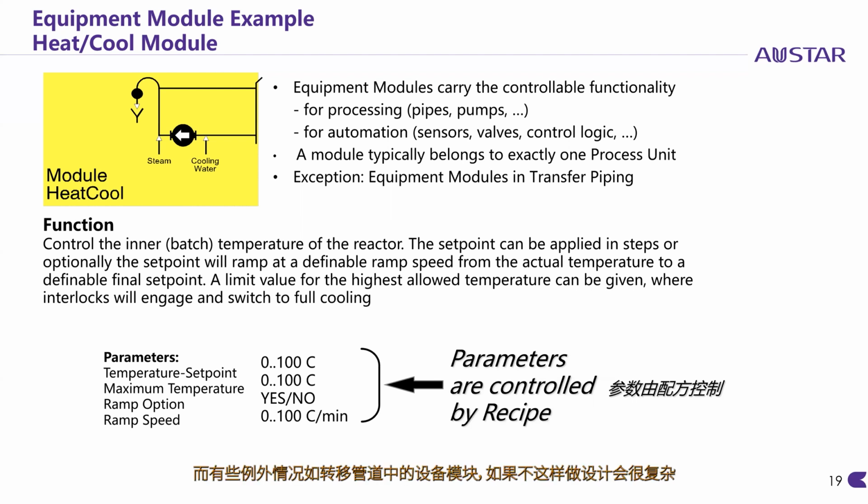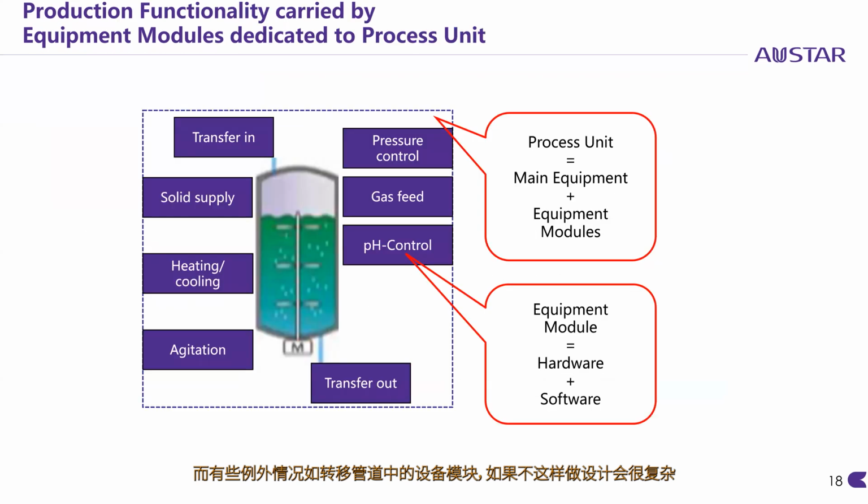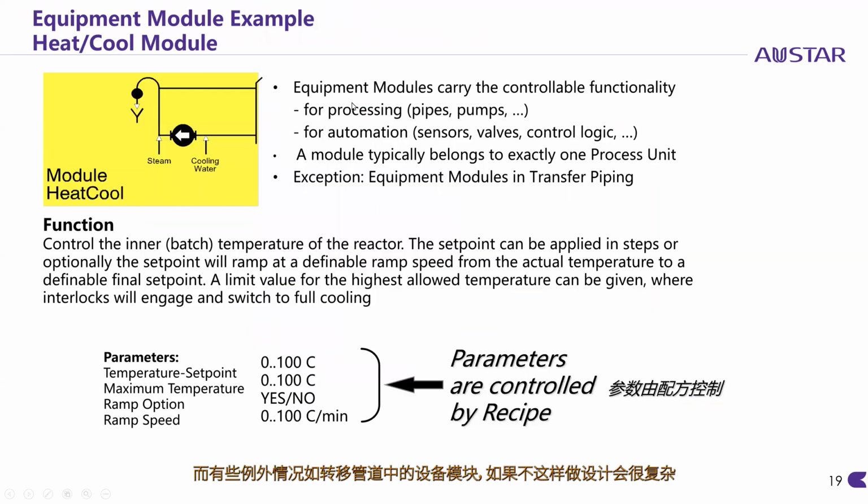A module typically belongs to exactly one process unit, so we can stay within the boundaries that we have here. This is like a separate room. The exception to the rule of belonging to exactly one process unit has to be made for modules that we have in transfer piping, because if we wouldn't do that, it would really complicate the design.